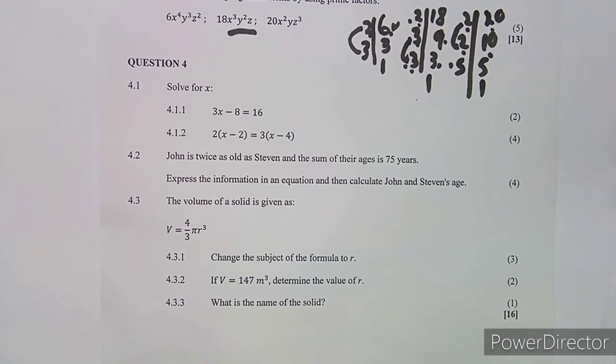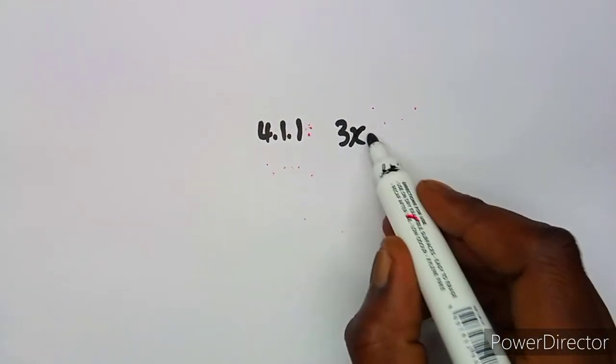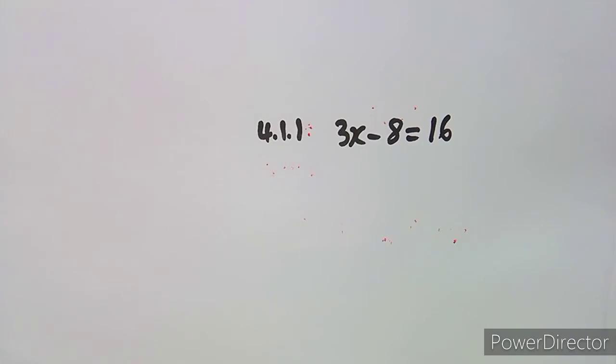Okay, then on number 4, solve for x. We are given the equations there to solve for x. That is 4.11. 3x minus 8 is equal to 16. So solving such type of an equation, what do we need, guys? We just need to transpose whenever it's possible. So we are going to transpose minus 8 to the right hand side.